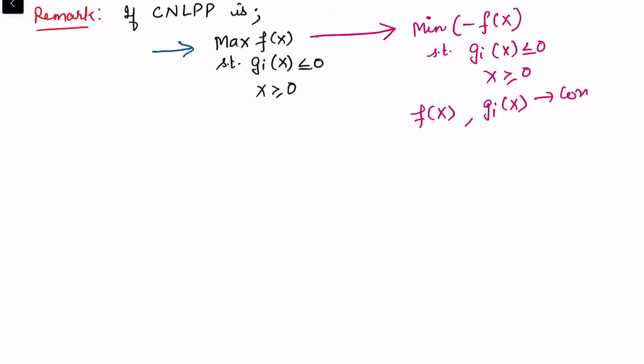The solution method remains the same. The global minimum obtained for minus f(x), when negated, gives us the maximum value. So rather than showing the function to be concave separately, we will develop the solution method in the questions for convex functions.